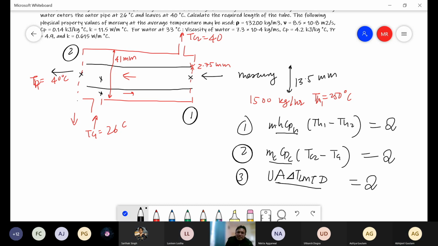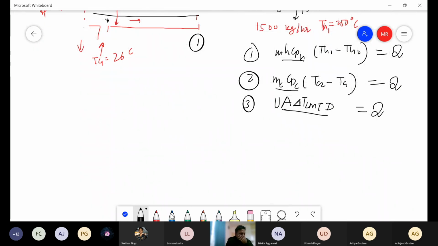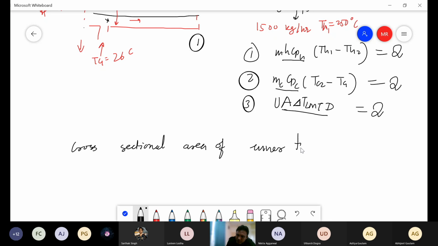So now with this concept, we can solve this problem. First, the cross-sectional area of the inner tube we can calculate.